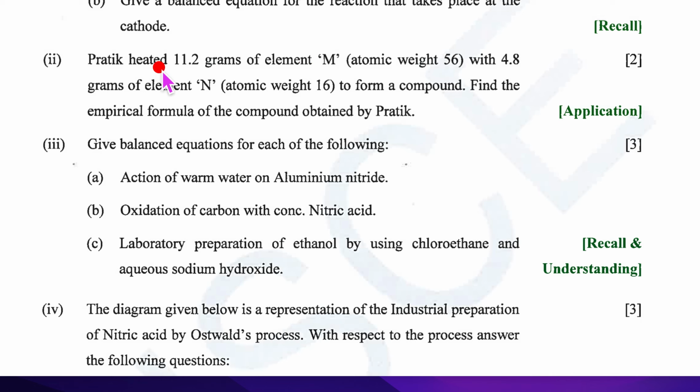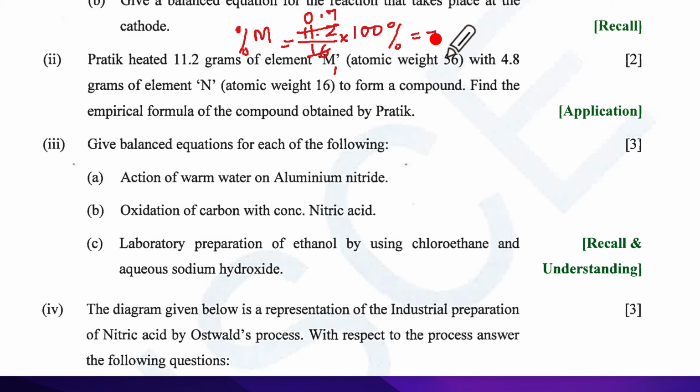So the percentage of M in that is 11.2 upon 16, and that multiplied by 100. That will be the percentage of M. All right. Now 16 goes 7 times in this, so 16 goes 0.7 times.